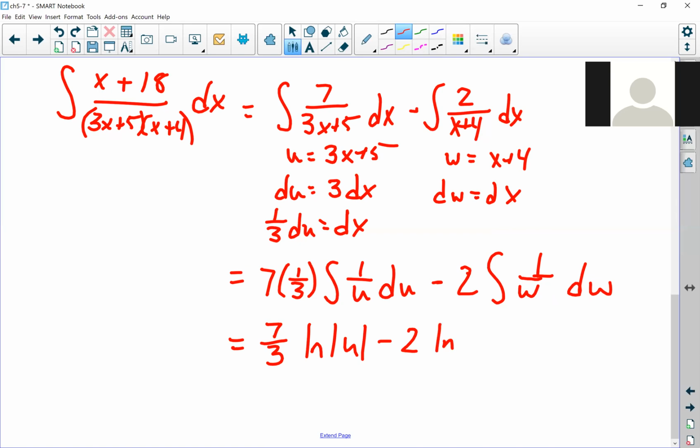So I get ln absolute value of w. Substitute back in for u and w.